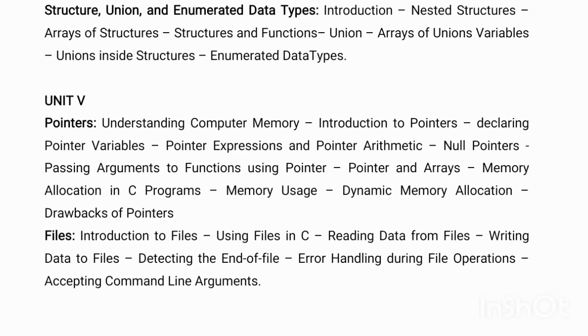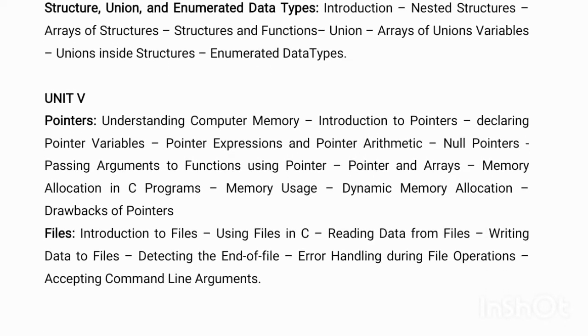And the last unit is related to pointers and files. In pointers: understanding computer memory, introduction to pointers, declaring pointer variables, pointer expressions and pointer arithmetic, null pointers, passing arguments to functions using pointers, pointers and arrays, memory allocation in C programs, memory usage, dynamic memory allocation, drawbacks of pointers.